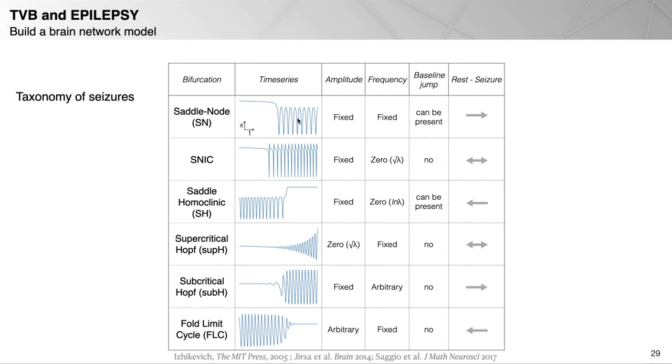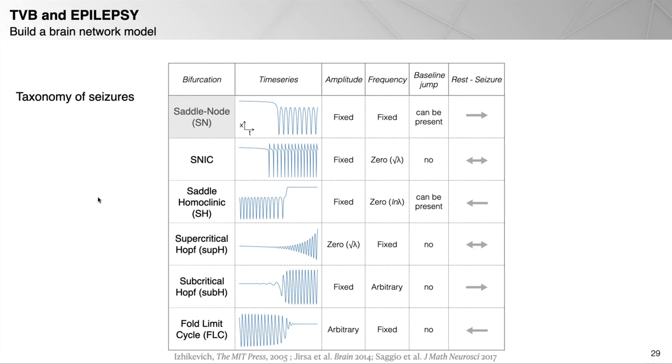And in our experimental data, we systematically observe a DC shift of the baseline field potentials. So the seizure onset corresponds to a saddle node bifurcation, from the normal state to the fast oscillations. And we have this DC shift.